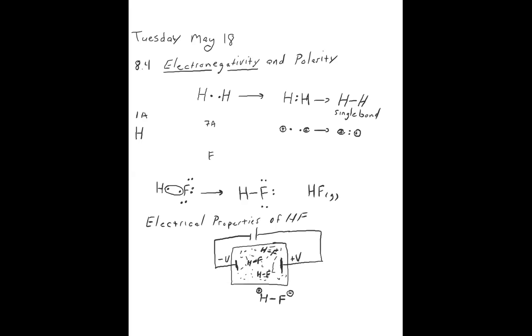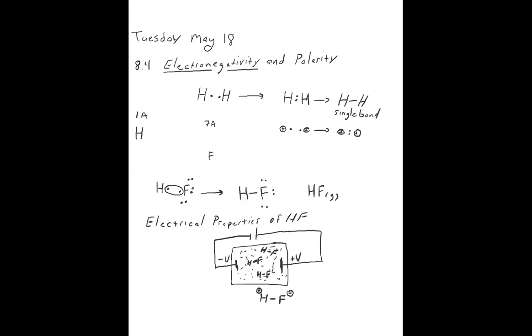Now, overall, it's neutral because the amount of positive charge the hydrogen has is equal to the amount of negative charge that the fluorine has. So overall, it's not an ion. It's not like it's overall negative or overall positive. It's neutral. But internal to the molecule, there are charges associated with the individual atoms.